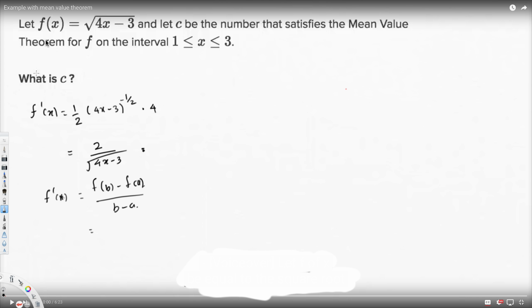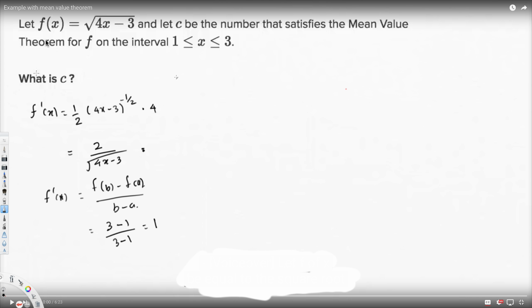Then f(b) is at the point 3, so if I substitute 3, 4 times 3 is 12, 12 minus 3 is 9, and the square root of 9 is 3. And minus, 4 times 1 minus 3 is 1, so the square root of 1 is 1. So 3 minus 1 over 3 minus 1, which is just 1.